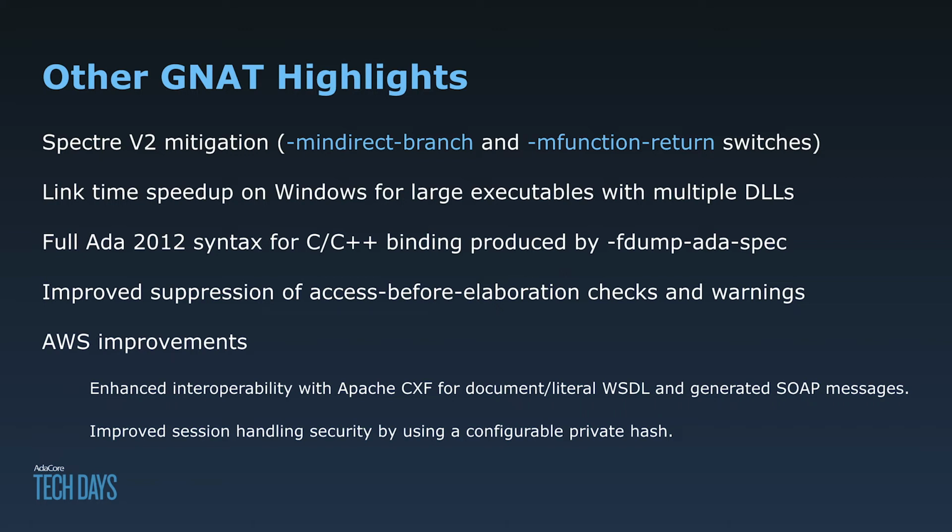So these switches are compiler switches, which are ways to basically avoid or mitigate, limit issues related to these security vulnerabilities. Link time speed up on Windows. So on Windows native, if you are building lots of shared libraries, lots of DLLs, then you might have noticed that link time was very, very long. And the good news is that with GNAT Pro 19, you should see some significant speedups if you are in this configuration.